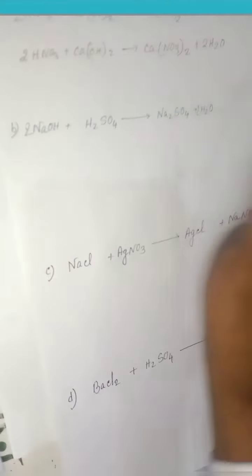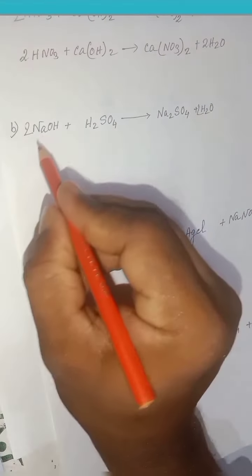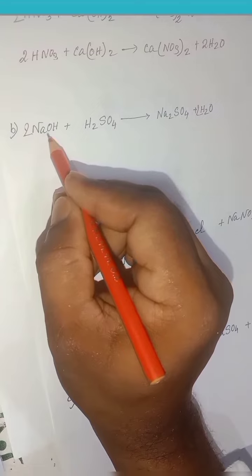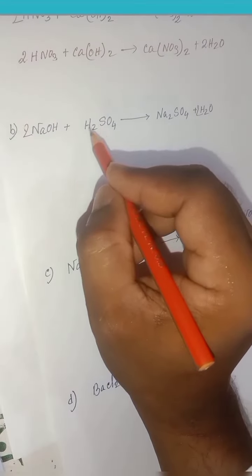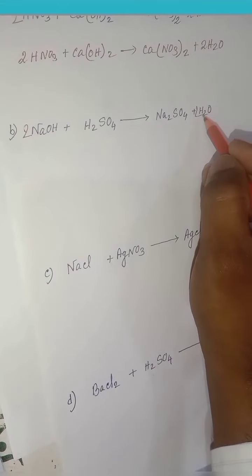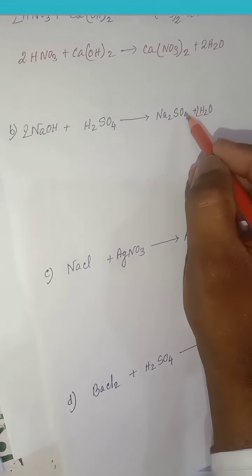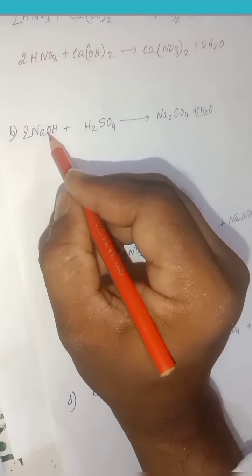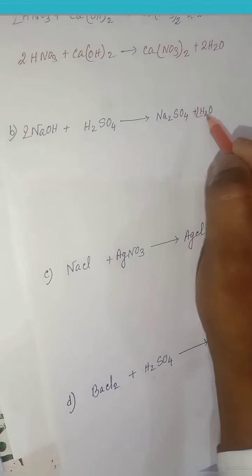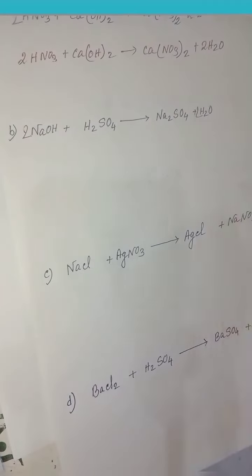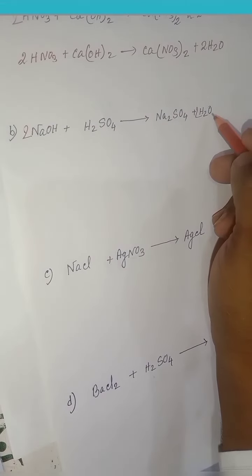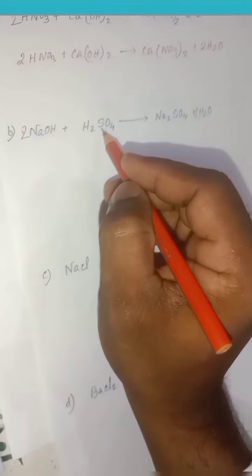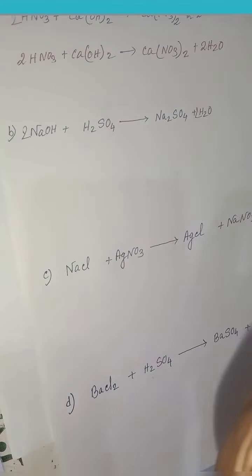So, the balanced equation. Now the number of sodium is 2 and 2, total hydrogen atoms 4 and 4, total oxygen atoms 4 plus 2, that is 6, on the left-hand side and 6 on the right-hand side, and sulfur is 1.